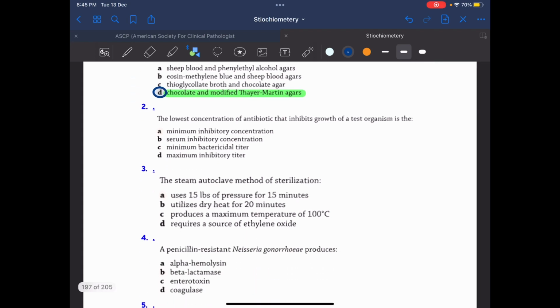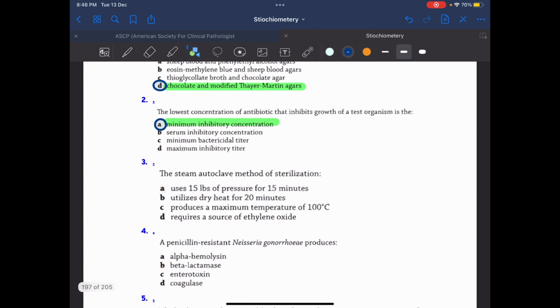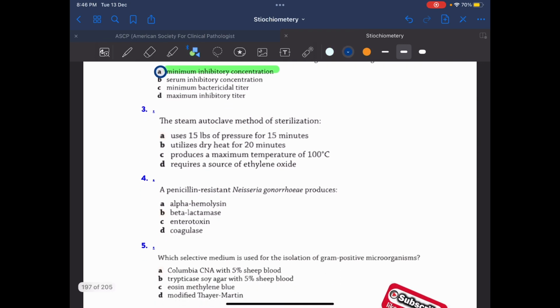Question number 2. The lowest concentration of antibiotic that inhibits growth of the test organism is minimum inhibitory concentration, serum inhibitory concentration, minimum bactericidal titer, or maximum inhibitory titer. The correct answer is A. Minimum inhibitory concentration. Question number 3.